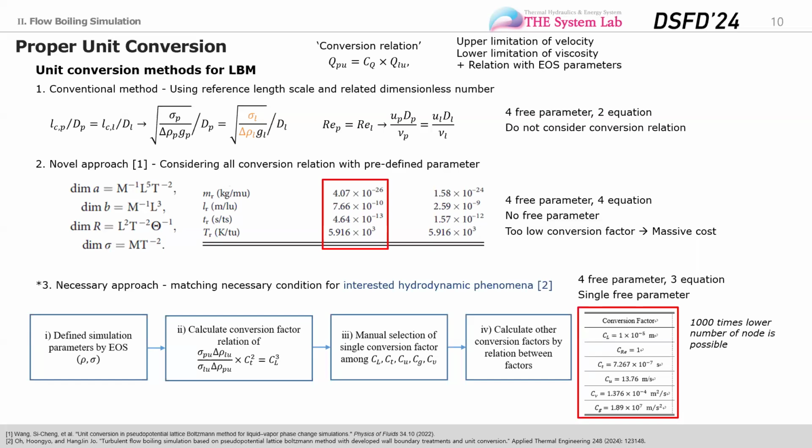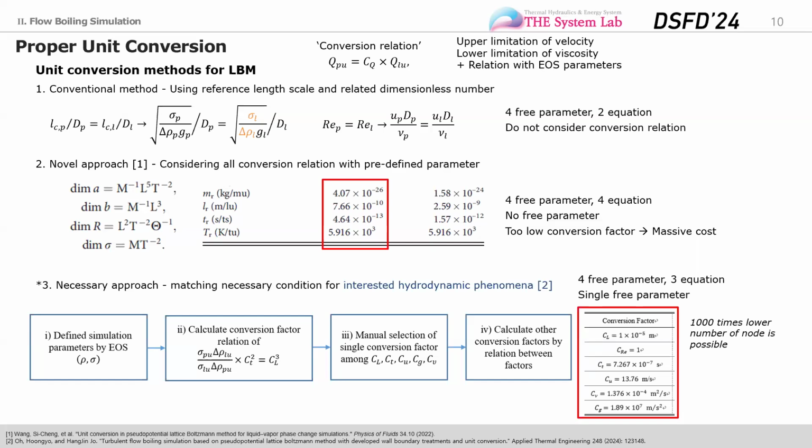The conventional method uses a reference length scale and related dimensionless numbers to convert the units. The capillary length scale and Reynolds number are widely used for this. This method uses only two equations for the four free parameters, so it cannot wholly consider the conversion relation.